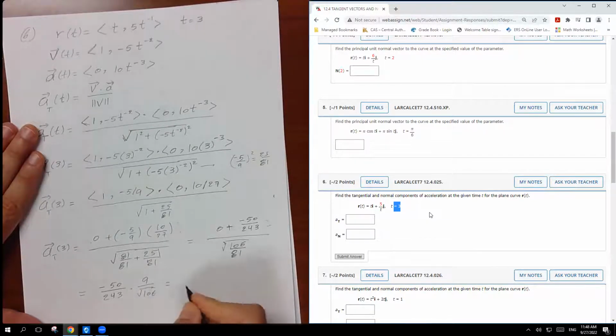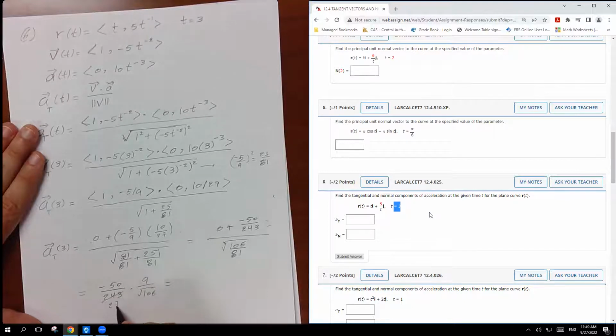That means we can simplify it. 9 with this one: 243 divided by 3 is 81, and divided by another 3 is 27. You can simplify this one.